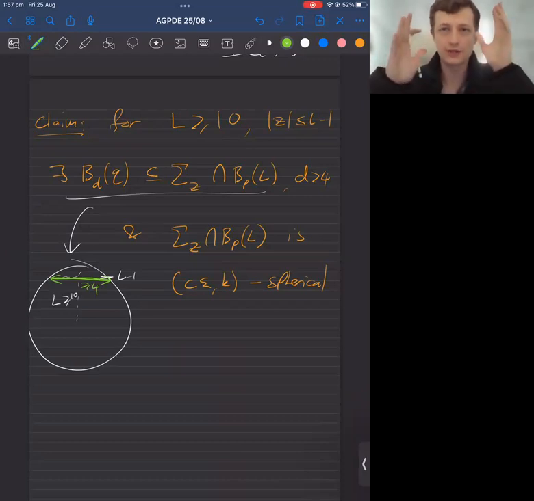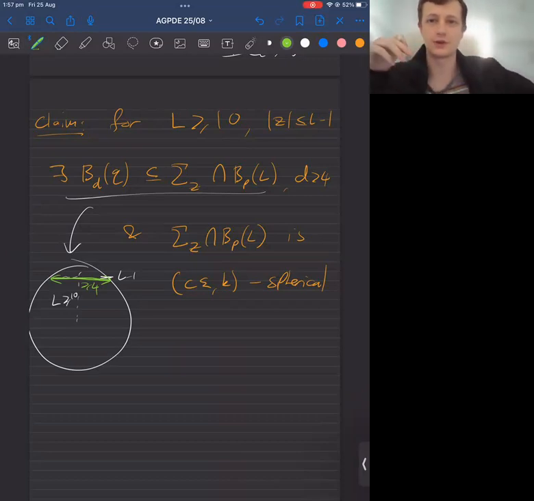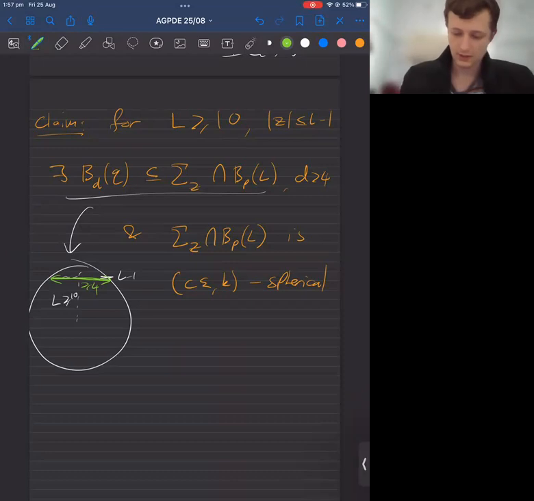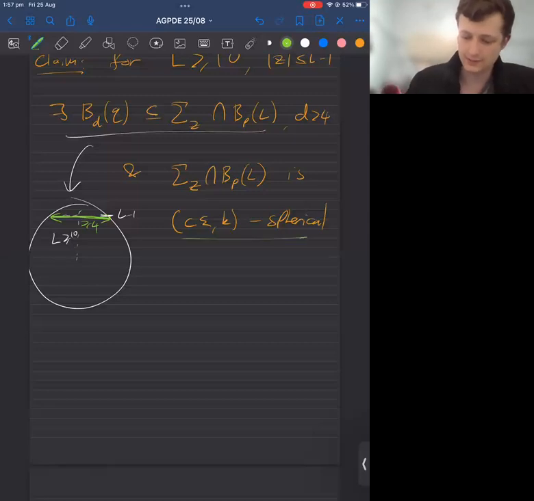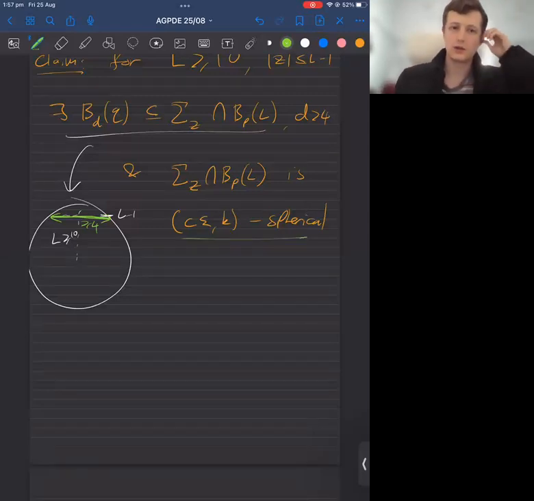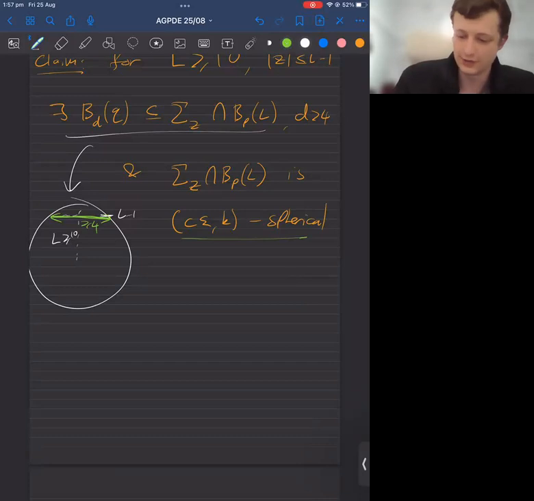Of course, we're saying the geometry is close to the cylinder, etc. 4 should be more, 10 should be more than enough to fit a ball in. And then why is this C epsilon K spherical? Well, it's just essentially a computation, right?